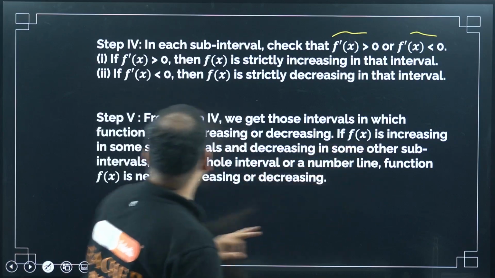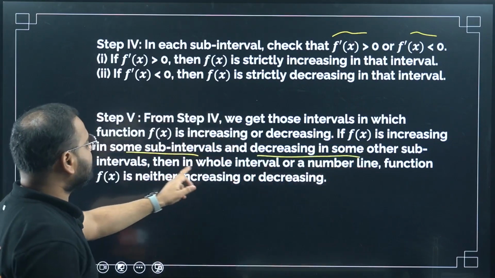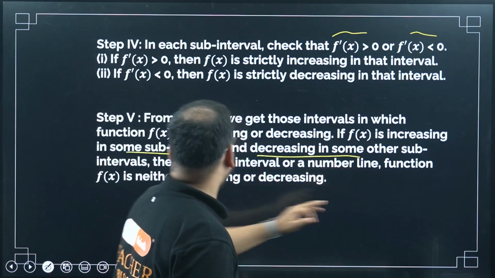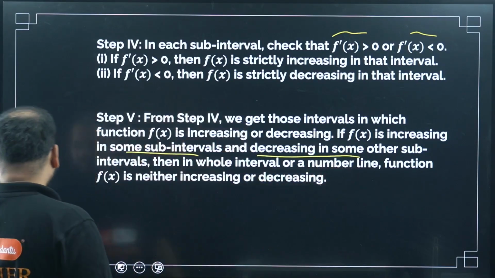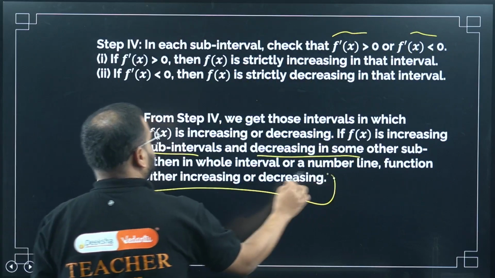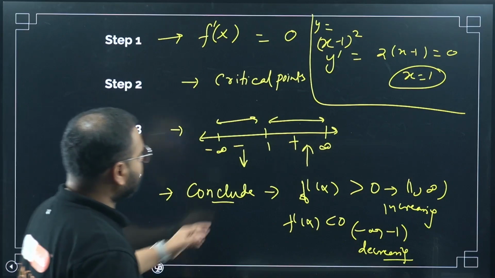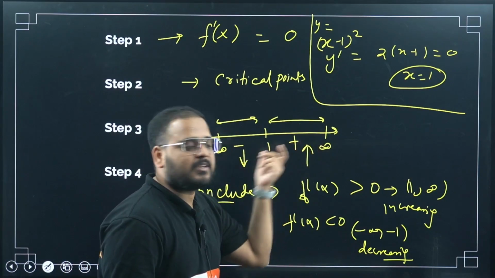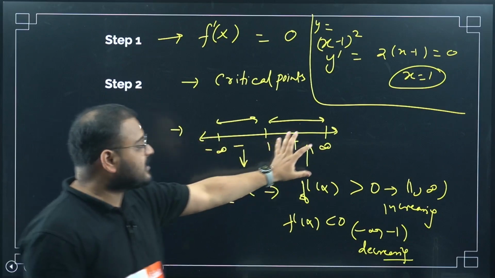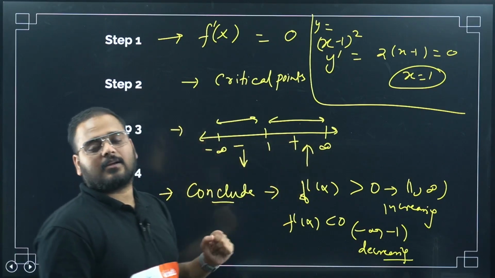If f(x) is increasing in one sub-interval and decreasing in another, then in the whole interval or number line, look at the statement. I draw it here. After 1 it is increasing, before 1 it is decreasing. So in this particular interval, it is strictly increasing, and in this particular interval, it's strictly decreasing. Very good, sir.